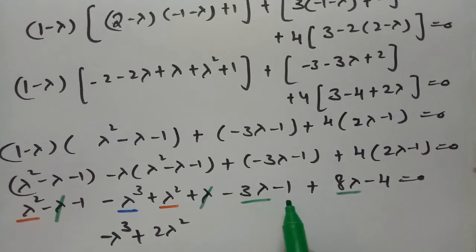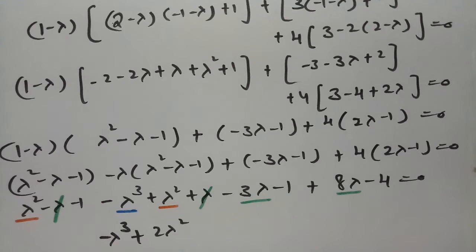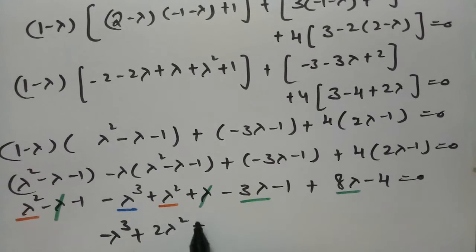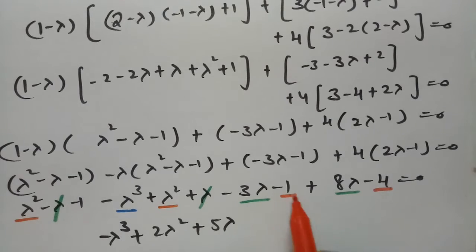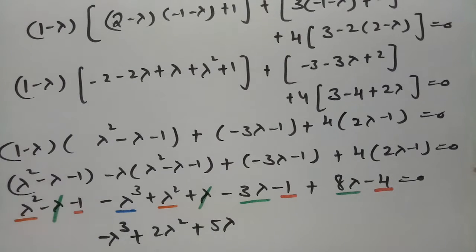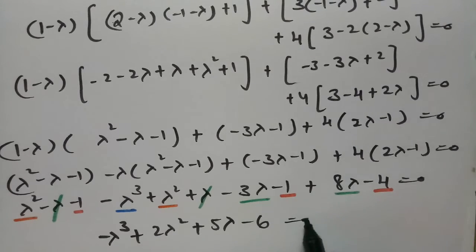So what remains here is 8 minus 3, which is nothing but 5. So this will be plus 5 lambda, and the next ones are the constants. See the constants here, this is minus 4, minus 1 and minus 1 again, which is minus 6. So this is minus 6, equal to 0.